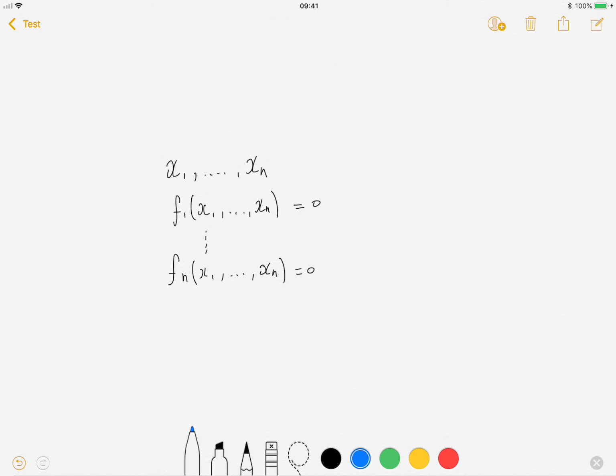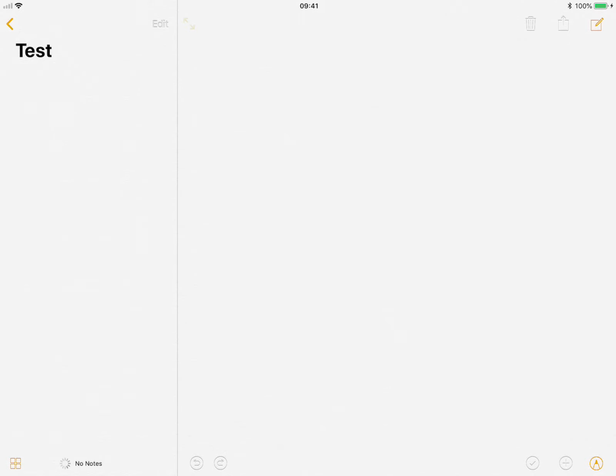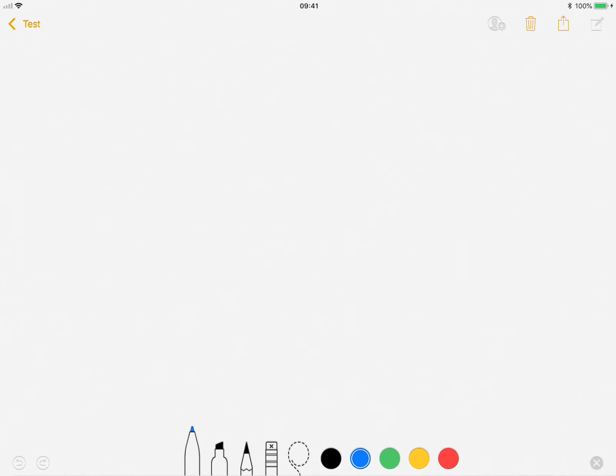Now, these equations can be linear or nonlinear, but we're going to focus on linear algebraic equations that have the following form. So we can write a set of linear equations that look like so.